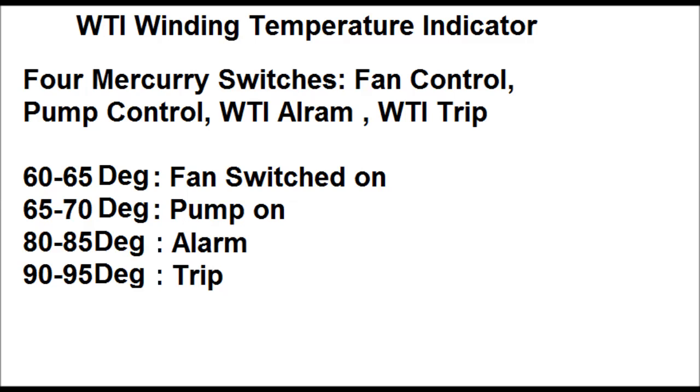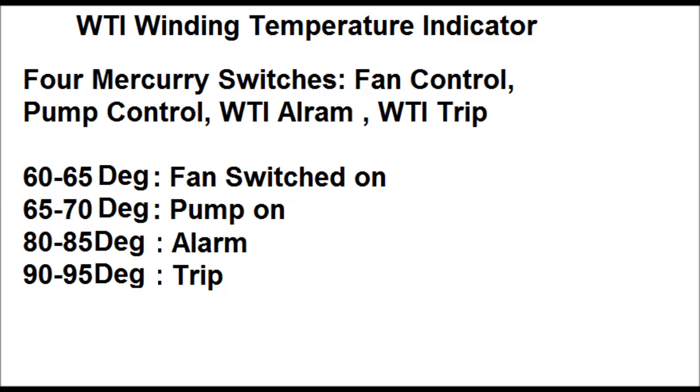When the winding temperature comes to about 60 to 65 degrees, then the fans connected to the transformer radiator will switch on, and again when, due to more load in the transformer, the temperature goes beyond 65 to 70 degrees, then the pumps will turn on there. The oil circulation will be done by means of pumps, that is, it is oil forced and air forced.